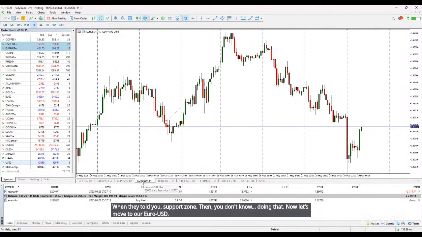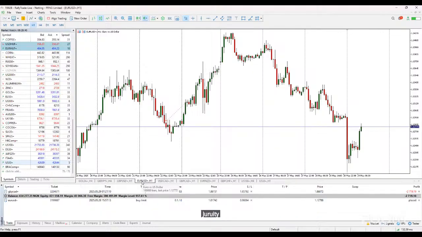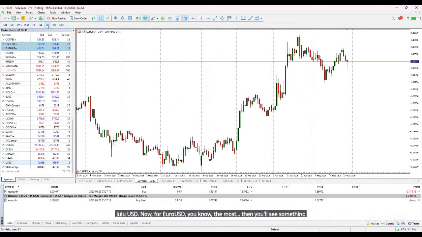Euro USD. Now for Euro USD, let me just say something I think we should all know, that Euro USD is the most traded currency in the world.